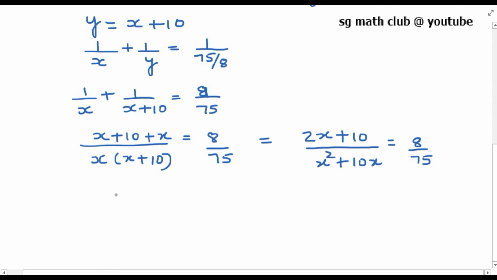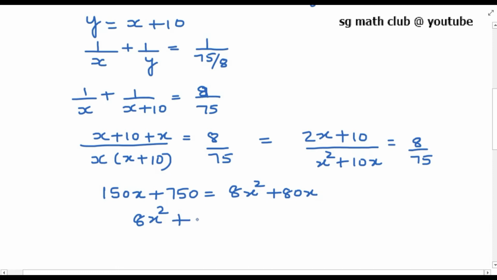So when you cross multiply, 75 into 2 is 150X plus 750 equal to 8X square plus 80X, because you have to multiply both the terms with 8. Now when you write in standard form, 8X square plus 80X minus 150X minus 750 equal to 0.